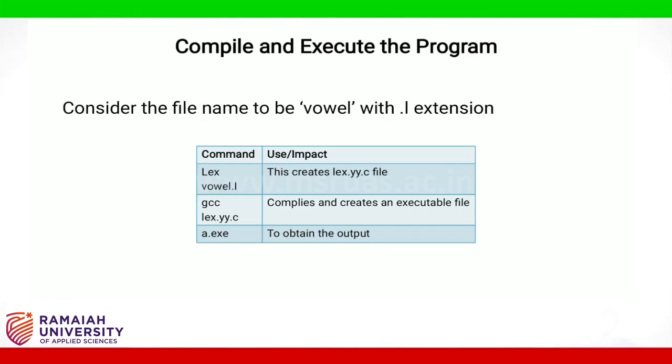The table shows the commands used to execute the Lex program, where lex vowel.l generates C code file named as lex.yy with .c extension and compile the generated C code file using GCC compiler, which in turn generates an executable file for respective architecture like .exe file for Windows.